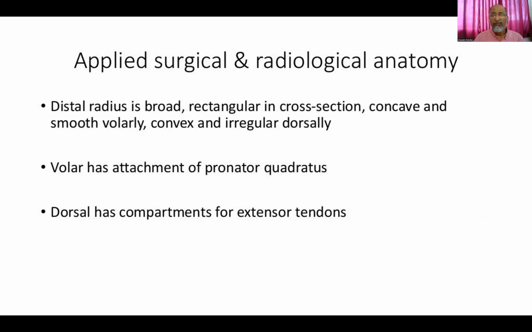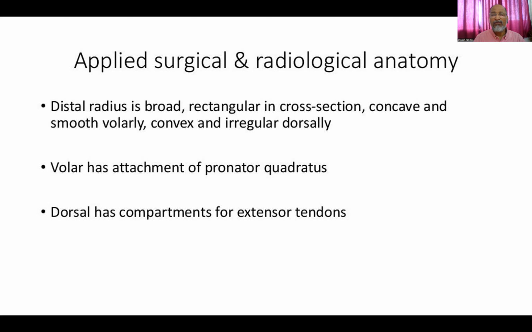When we talk of the applied, surgical and radiological anatomy, we should know that the distal radius is broad and rectangular in cross section. It is concave distally and smooth volarly, and convex and irregular dorsally because of the indentation by the tendons. The volar surface has the attachment of the pronator quadratus, which is the prime pronator of the forearm over the ulna.